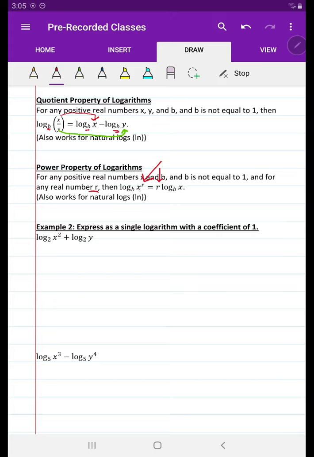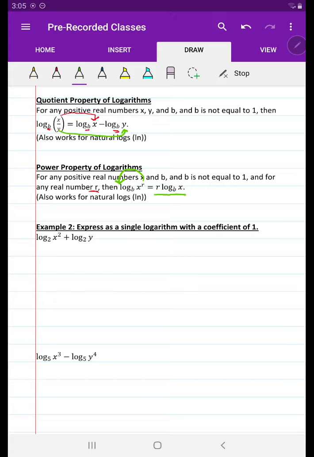So you take this r and throw it to the front, and then you get r log base b of x. Whatever number you had as your exponent goes in front of your log, and then the argument at the end no longer has an exponent.